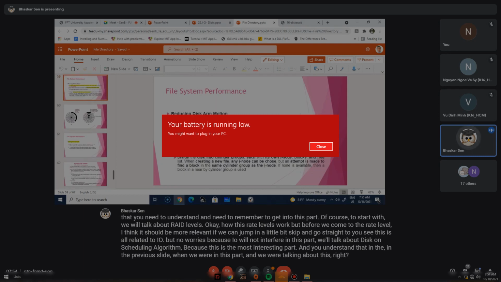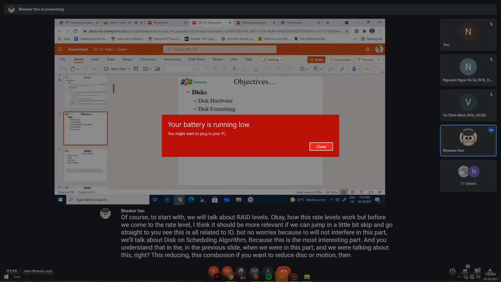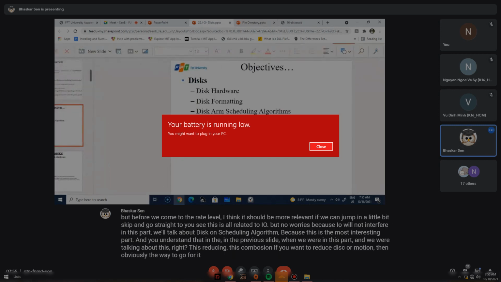If you want to reduce disk arm motion, then obviously the way to go is to choose the best of these disk arm scheduling algorithms.